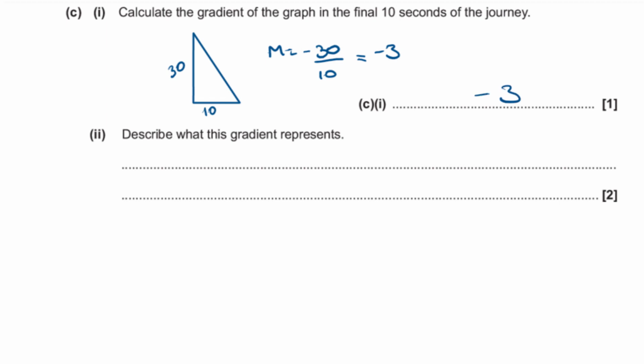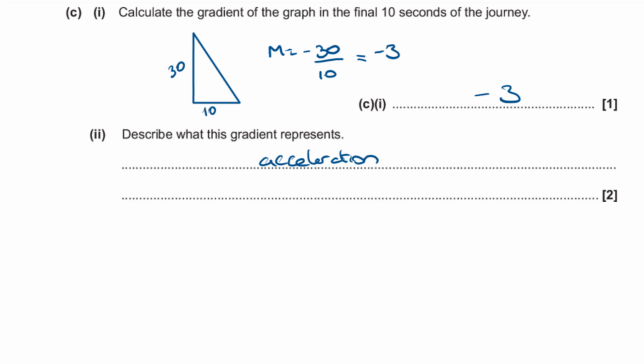Part 2 says describe what the gradient represents. Okay, well, the gradient of a speed-time graph is the rate of change of speed with respect to time. And the word we use for the rate of change of speed is acceleration. Acceleration.